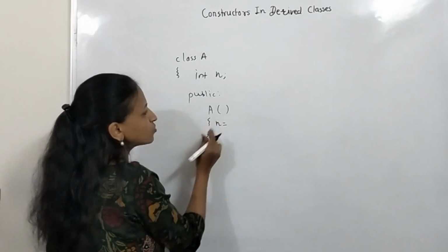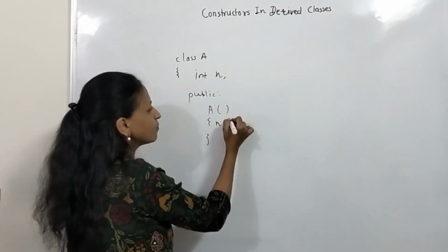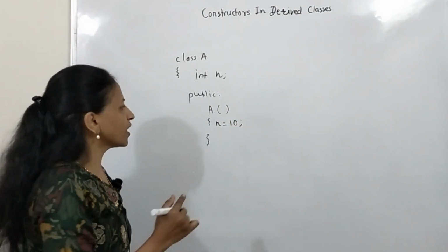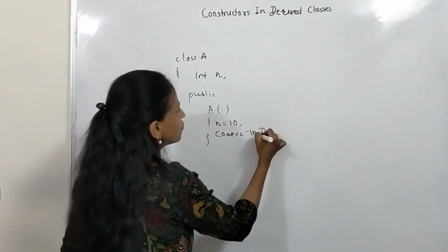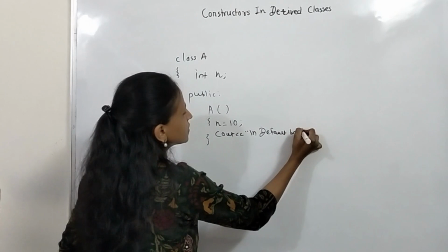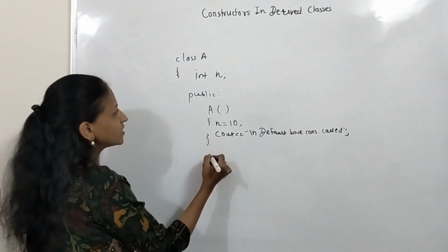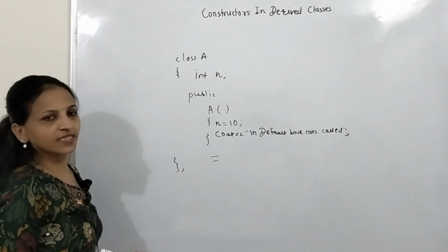Default constructor means no argument; I am not passing anything. That's why I am initializing the n variable to 10. No problem, you can initialize it to 0 also. Here I am writing a message like "default base constructor called". And suppose there is a display member function and so on, and here I am closing the class.